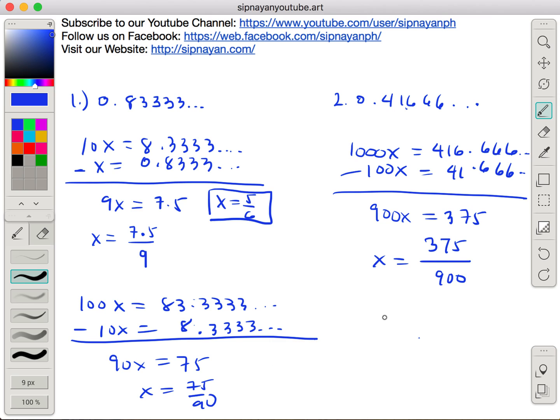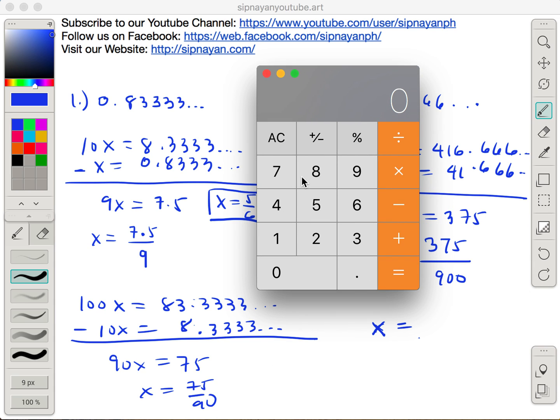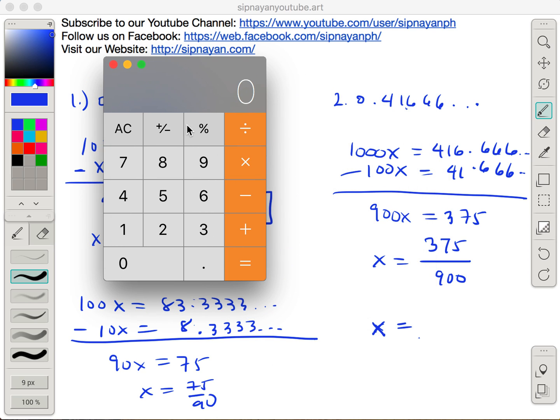So, ano kayang pinakamalaking i-divide natin? So, 375, I think pwede sa multiples of 25 siya, no? Kasi 75 reps 900. So, siguro makakatipid tayo ng oras kung tayo ay magdi-divide ng 25. Nag-calculator na ako para mabilis tayo. 375 divided by 25. That's 15, no?